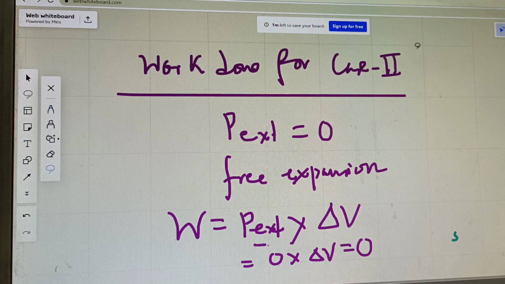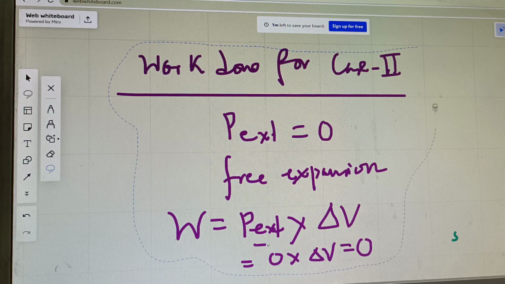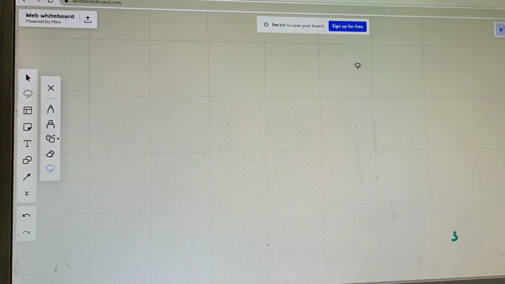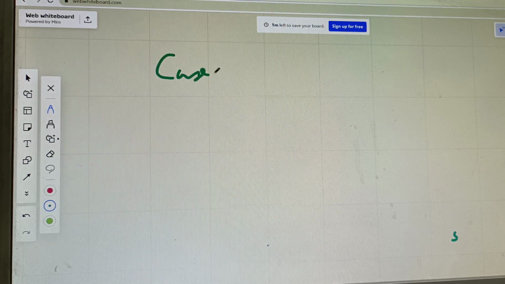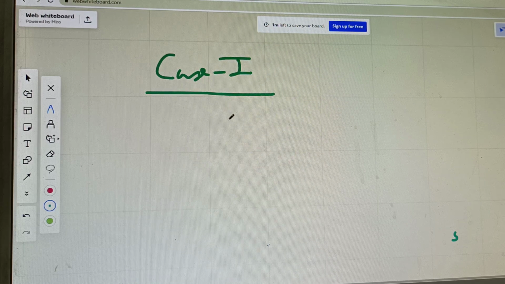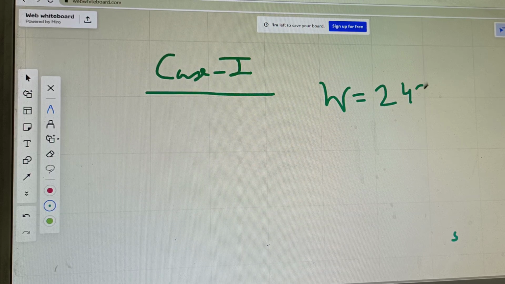Now next we want to calculate the final temperature in each case. At first, case 1, where the process is adiabatic irreversible. For case 1, the W we have calculated is 242 calorie.